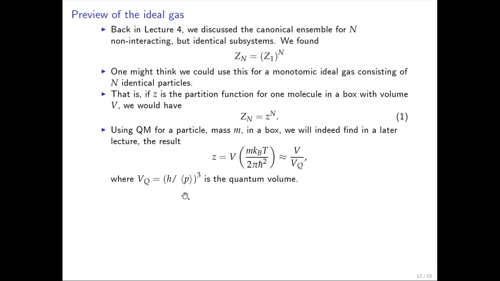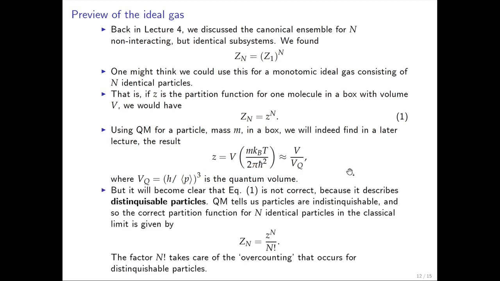You probably had a look at this back in the first part of the course when you were working essentially with a microcanonical ensemble. So this V_Q is sort of like a quantum volume, right? It's kind of h over the expectation of the momentum, to the power 3. So you'd think, well, somehow in the classical limit, even if I have particles in a box and I have these quantum levels, I should be able to use this, right?